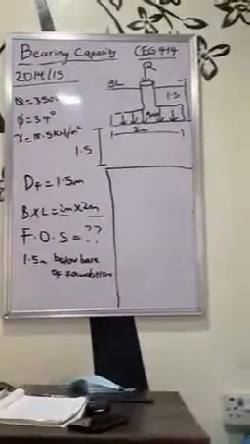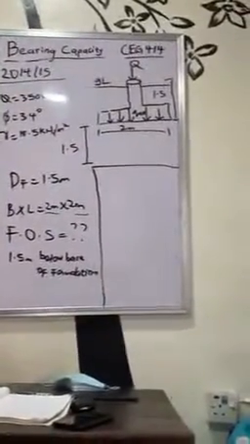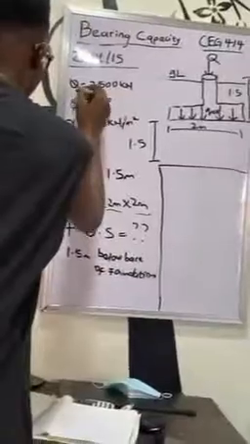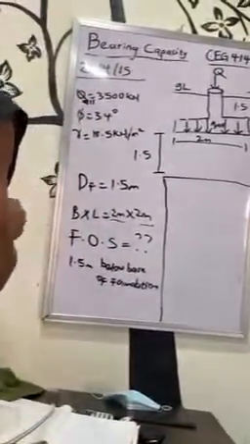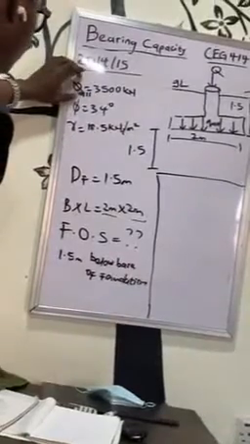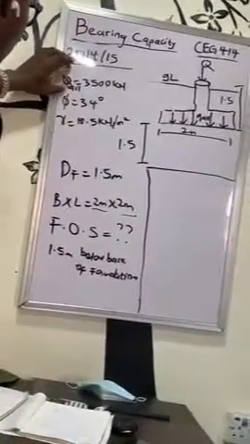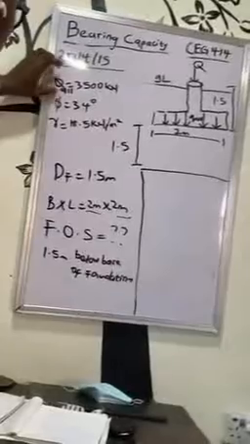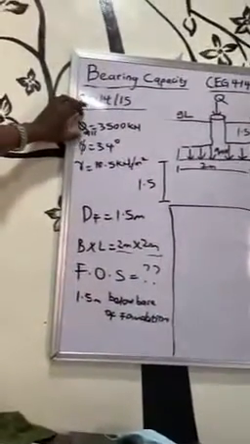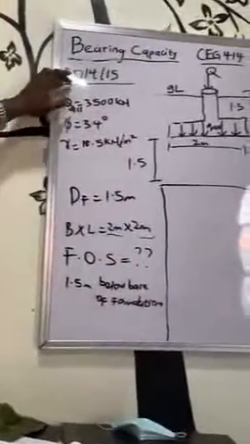The maximum column load of the footing for the proposed building at ground level is 3,500. This is an allowable load. That is, the load that this building should be subjected to at maximum. This is different from the ultimate load the building can be subjected to. This is the load that the building should be subjected to before it reaches failure. That is the maximum allowable load, 3,500 kN.